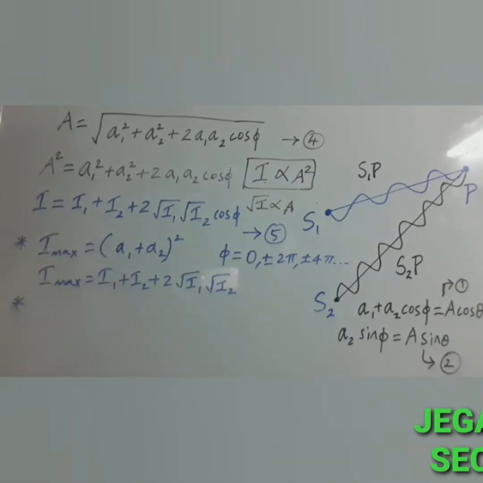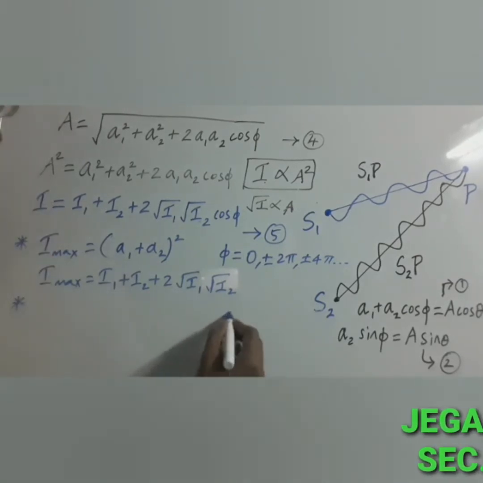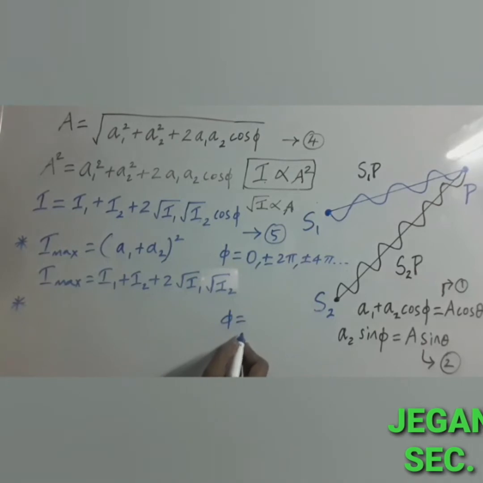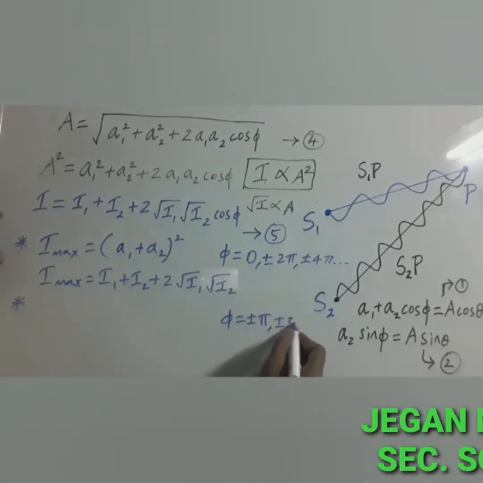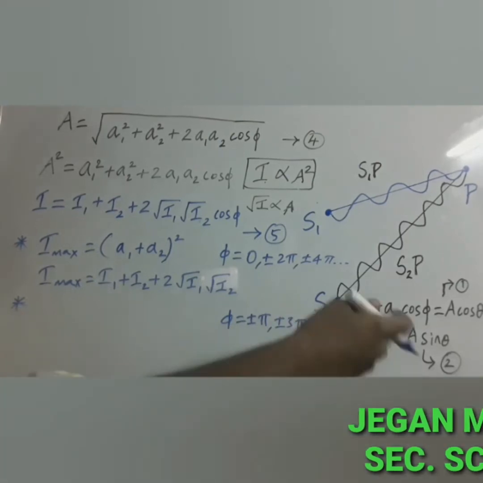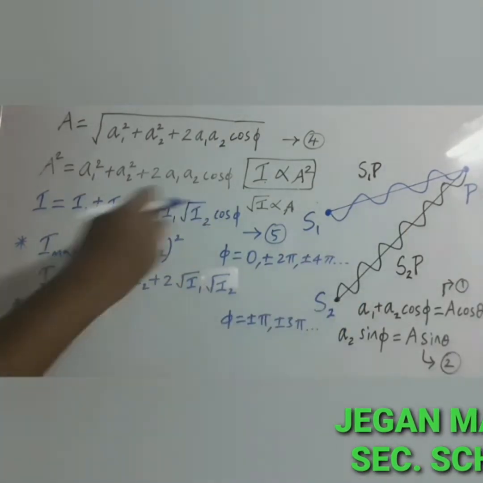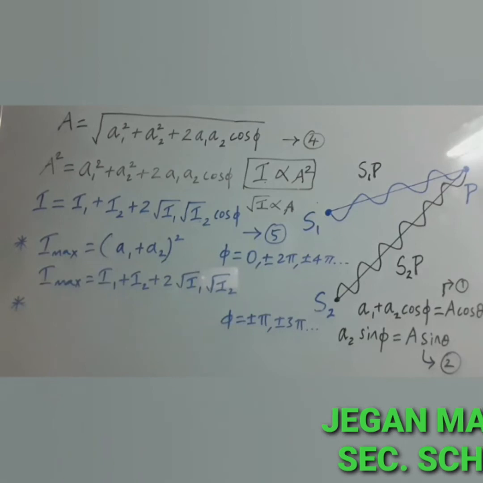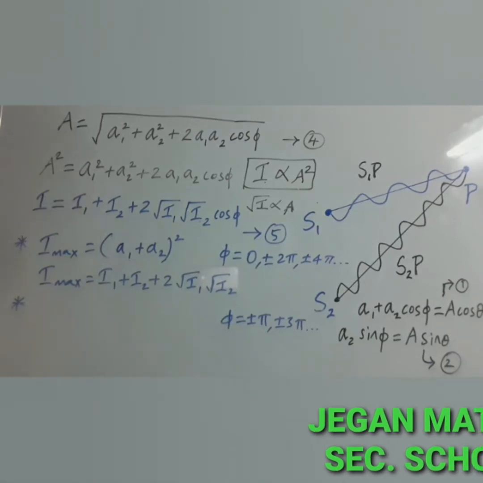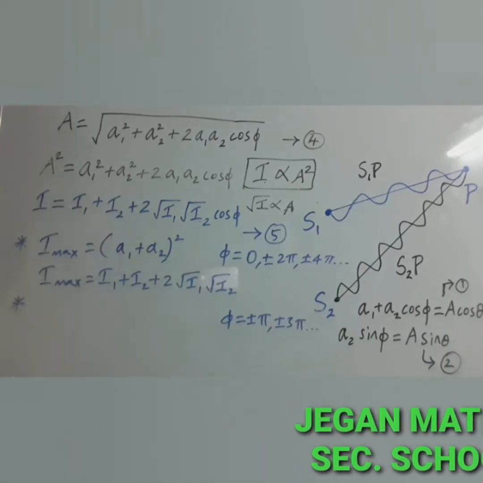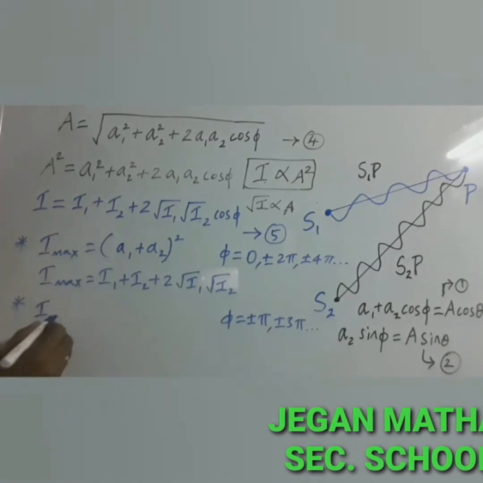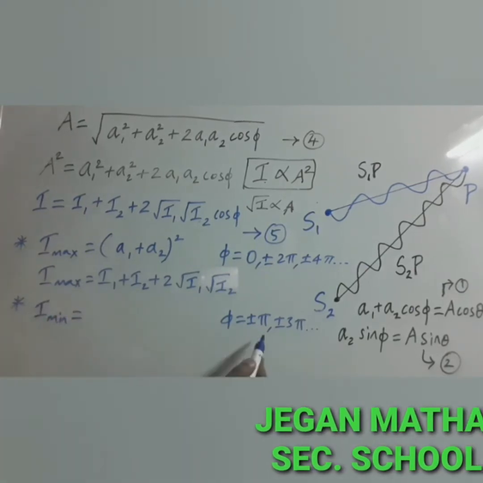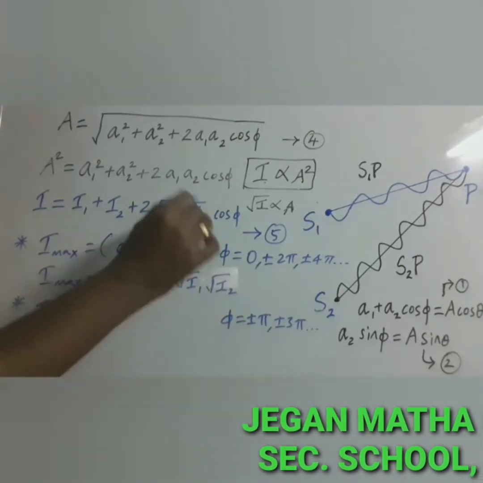In the same equation, if the phase difference phi is equal to plus or minus pi, plus or minus 3 pi and so on, 5 pi, 7 pi, like that, I am going to substitute. What will be the value? Like in the previous case we wrote the expression for amplitude, here we are writing the expression for the intensity. Then what about the intensity? Intensity will be minimum. Why will it be minimum? When these angles are substituted, what will be the value?